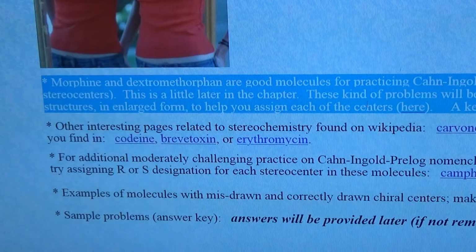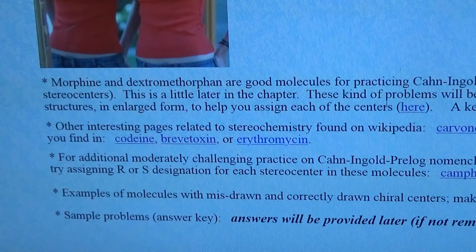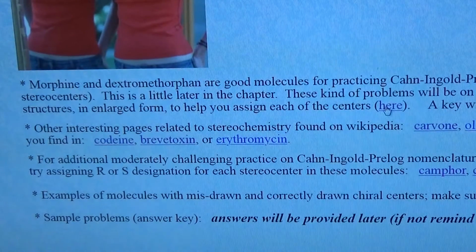Now that we're getting good at this, we'll expect slightly challenging problems. So we go to this link here. I will have a key for this, maybe Monday, so you can check your work, and you should. What I'll also do on the key is carefully step through the assignments of each of the chiral centers.